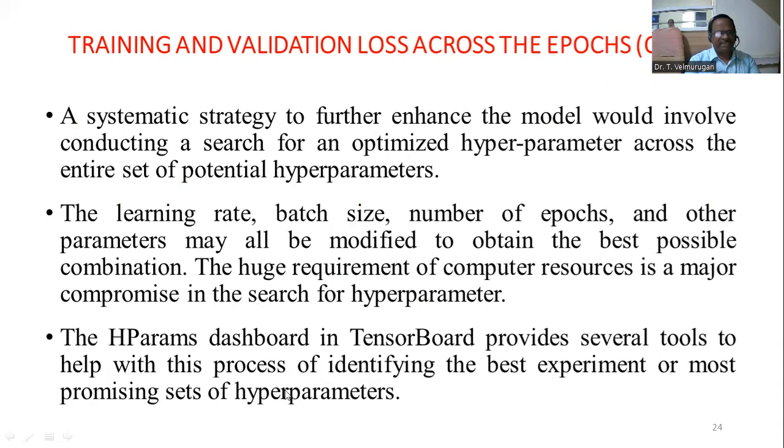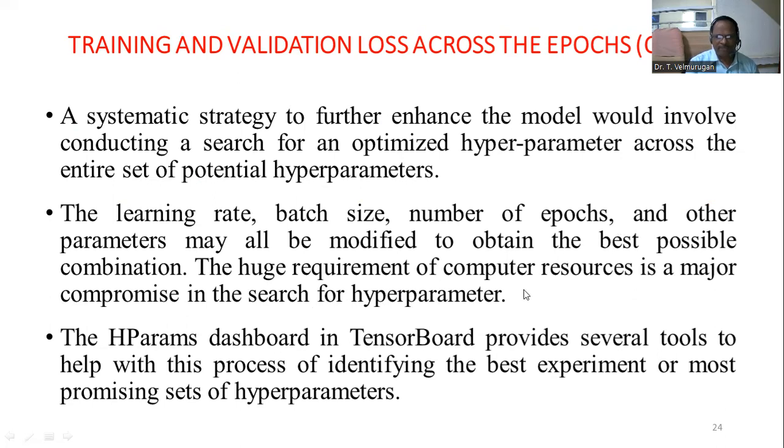So a systematic strategy to further enhance the model would involve conducting a search for an optimized hyperparameter across the entire set of potential hyperparameters, which is the main point we want to discuss here. The learning rate, batch size, number of epochs, and other parameters may all be modified to obtain the best possible combination.